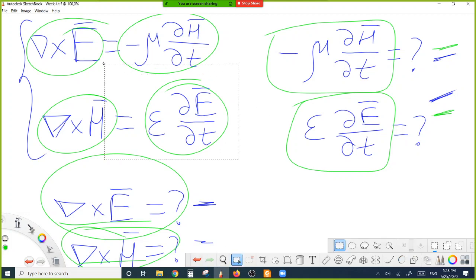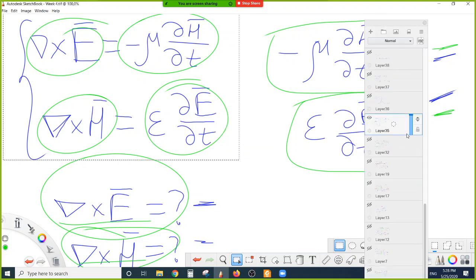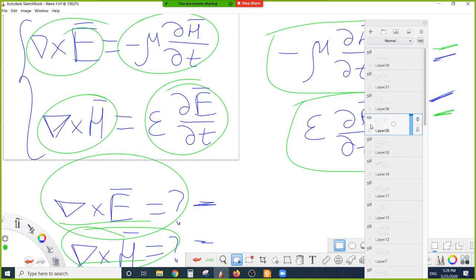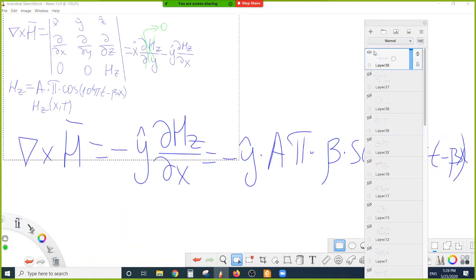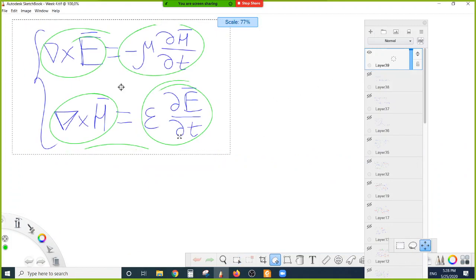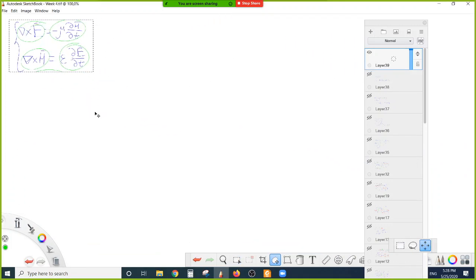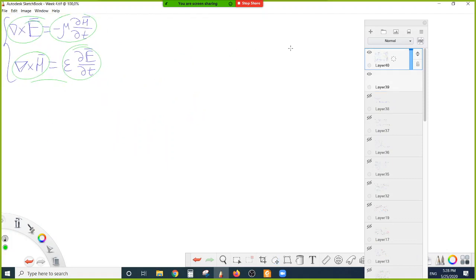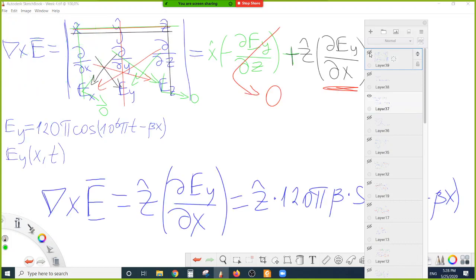So let me copy this and paste it here just for the reminder. The rotor of E was here.